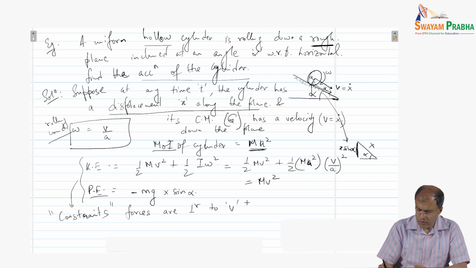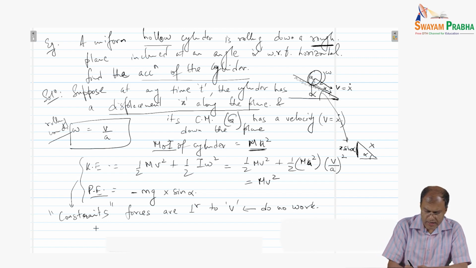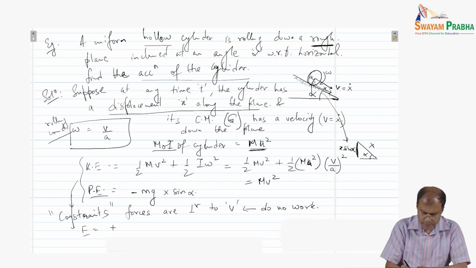So they do no work, right? So they do no work. And so then we can write down the total energy of the system. The total energy is mv square, the kinetic energy, minus mg x sine alpha, right?